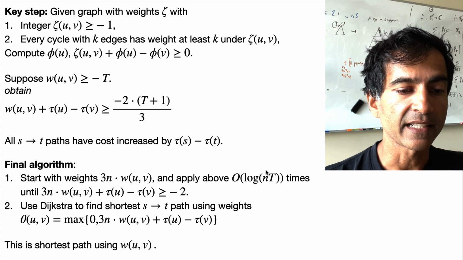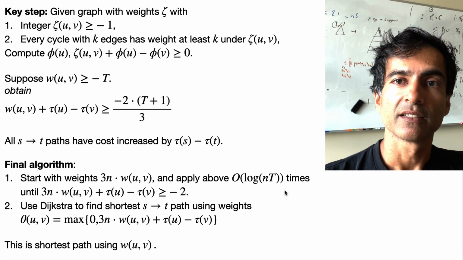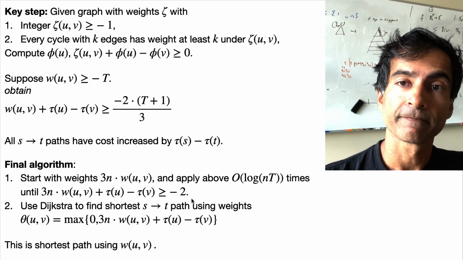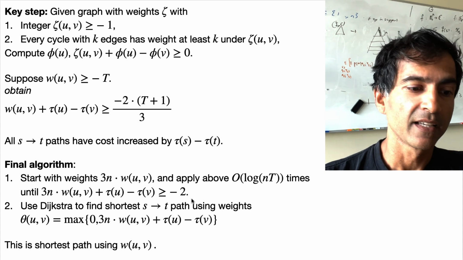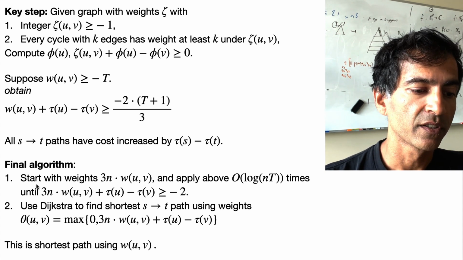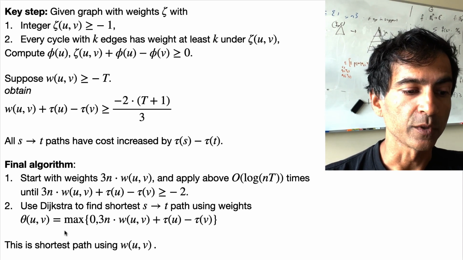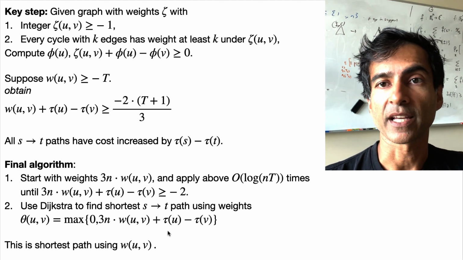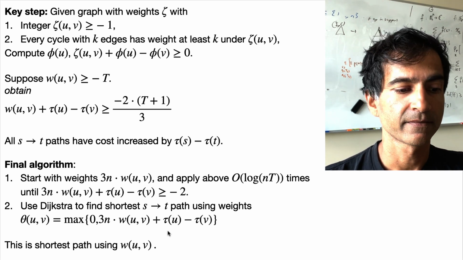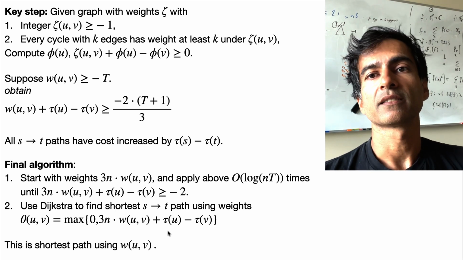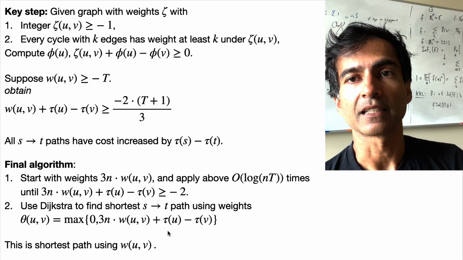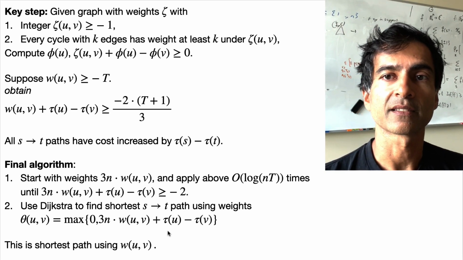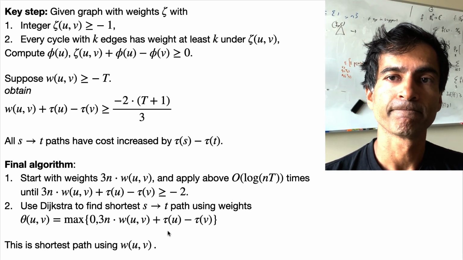So after log n times t steps, they will decrease all the way down to -2. At that point, as we've discussed before, we can use Dijkstra's algorithm with this weight function to find the shortest path. Okay. So this scheme eventually gives us a linear time algorithm for finding shortest paths under W.